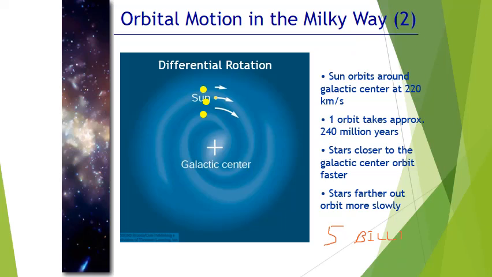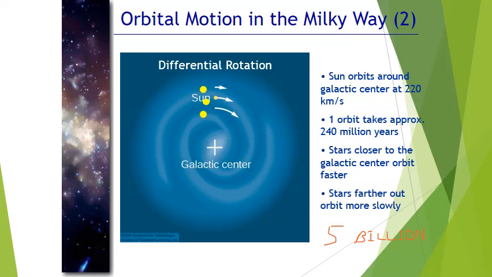Another thing that's relatively interesting about the motion of the stars in the Milky Way galaxy is, well, first of all, think about the orbits of the planets in our own solar system. Which one orbits fastest around the sun? Mercury, right?